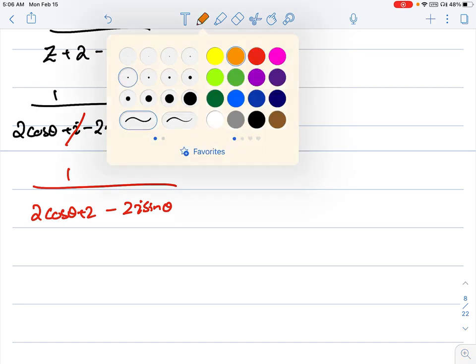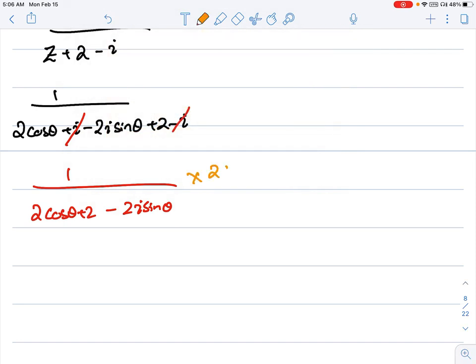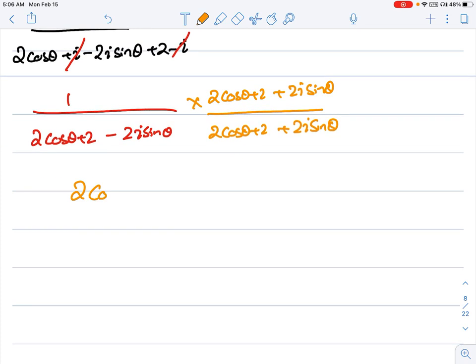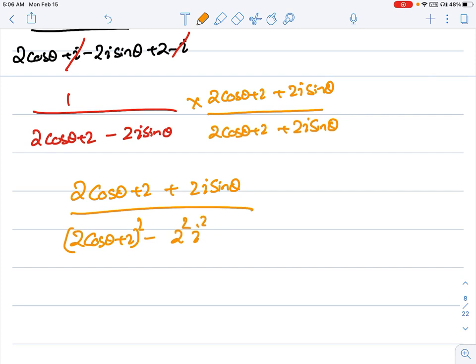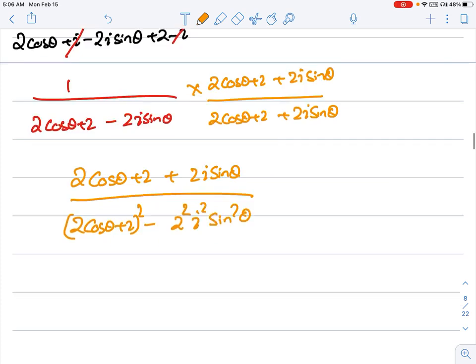So now factorize it. Multiply and divide with 2 cos theta plus 2 plus 2i sin theta. So it becomes 2 cos theta plus 2 plus 2i sin theta divided by (2 cos theta plus 2) whole square minus 2 square i square sin square theta.